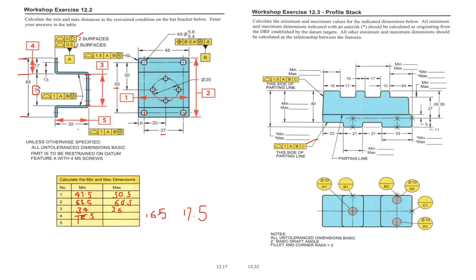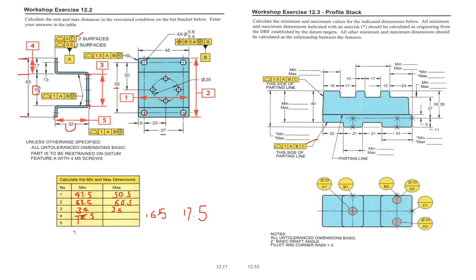And then for this number 5, the dimension here is 32, and the profile tolerance is 0.5 on this face, and the profile tolerance of 1 on this face. So 32 minus this 0.25, then minus 0.5.